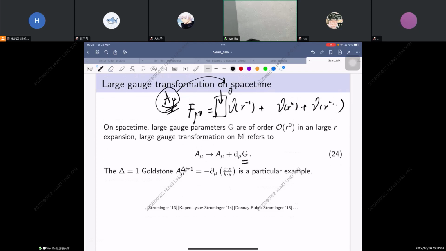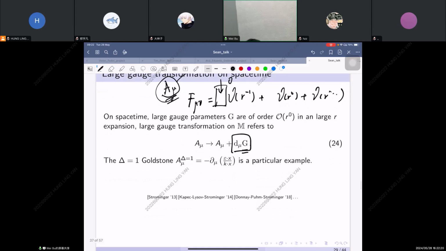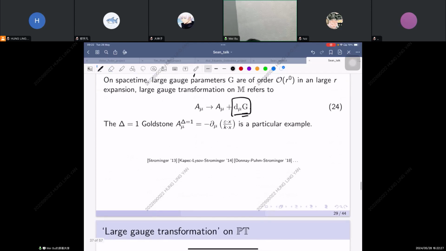The gauge parameters are these G's, and the d mu G's take a very specific form. Remember, they have to contribute nothing to the energy scale, so they're pure gauge, a derivative of their own already. This is the gauge parameter G, and that's the gauge transformation we do at infinity. This is very well established since many years ago: something called a large gauge transformation.